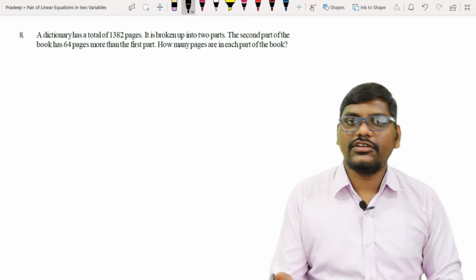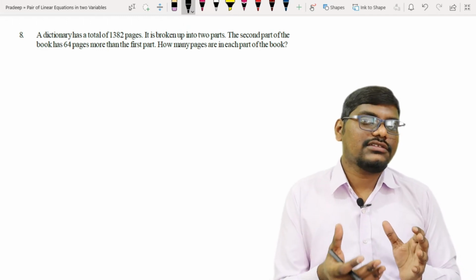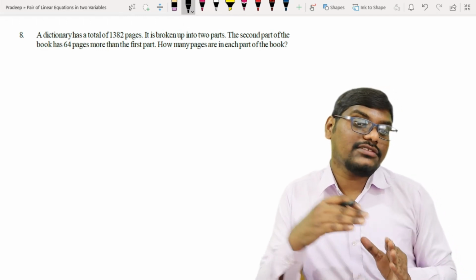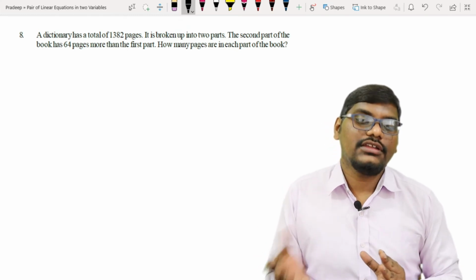Suppose the first part we'll say as x, whereas the second part is x plus 64, we can say that is more than the first part.